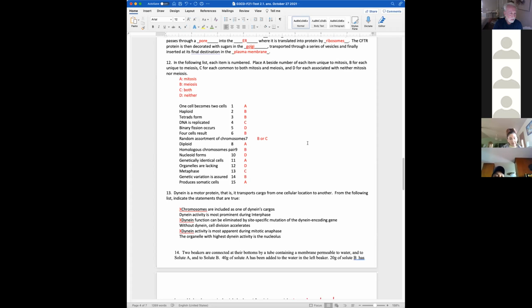But on yours, number 1 is one cell becomes two cells, and haploid is the second one. And I noticed the only one I actually got wrong was I think number 8. Okay, so on the test, it's reversed. Yeah, on the test, it goes haploid first and one cell becomes two cells second, but on your answer sheet right there, it's the opposite of that.